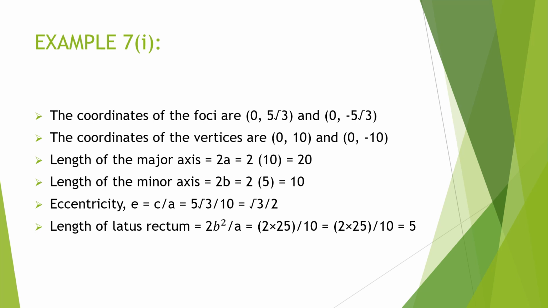Coordinates of vertices are 0, plus or minus a, so 0, 10 and 0, minus 10. Length of major axis 2a which is 20, minor axis 2b which is 10. Eccentricity is c upon a or root 3 by 2, and length of latus rectum is 2b square by a which is equal to 5.